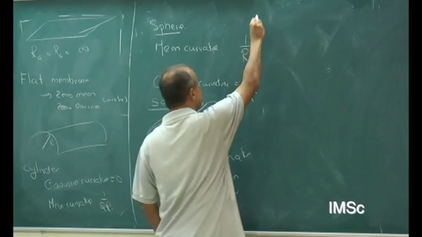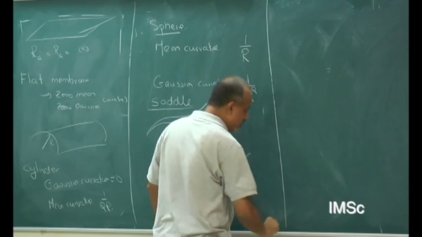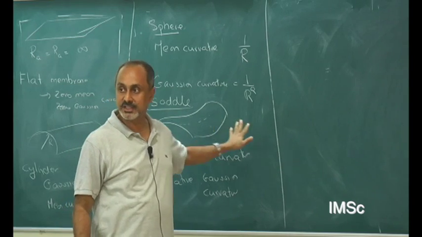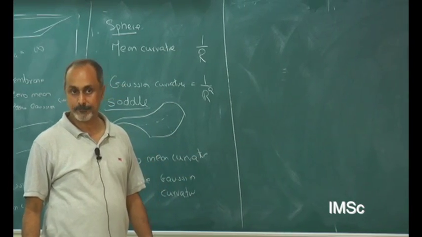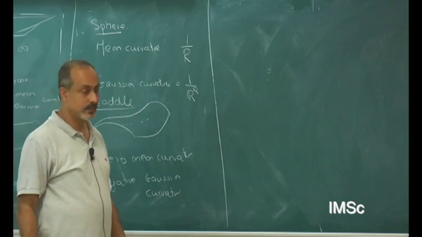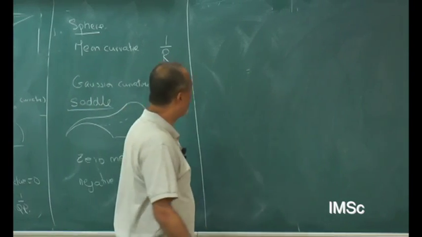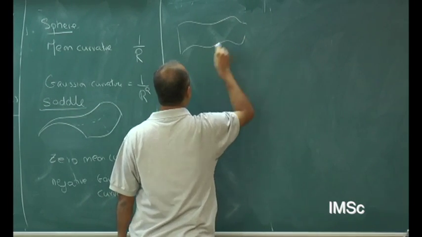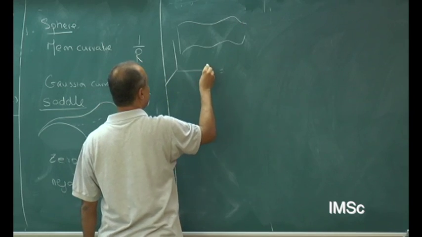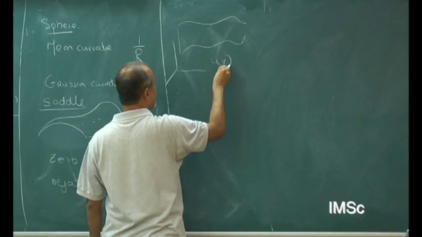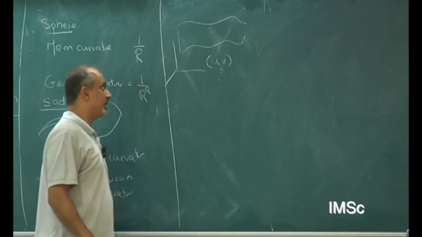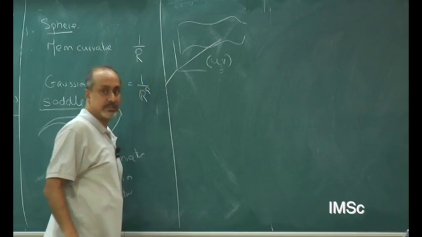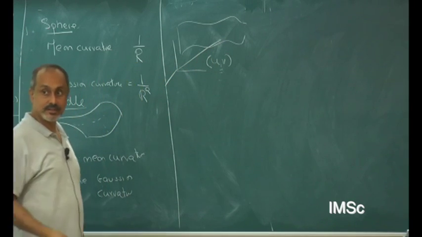Okay, let me just finish up with some words about how we use these ideas to think about the energetics of membranes. Given a membrane, given a parameterization in terms of u, v coordinates that tell me where a particular point on the surface lies, we calculated various things.